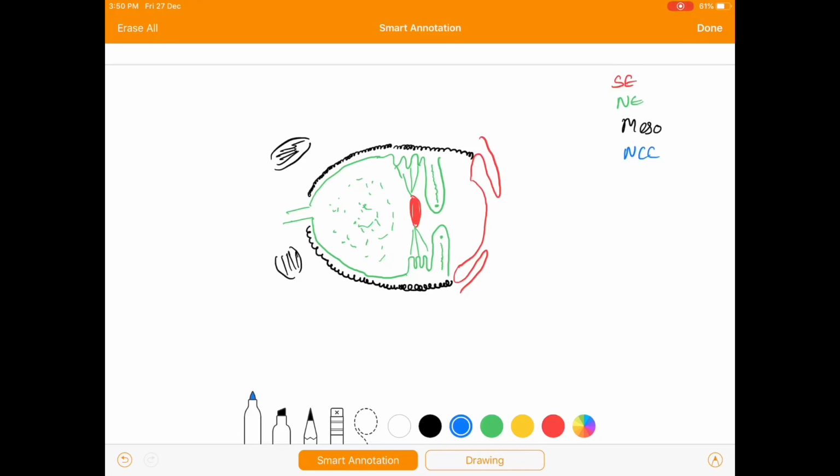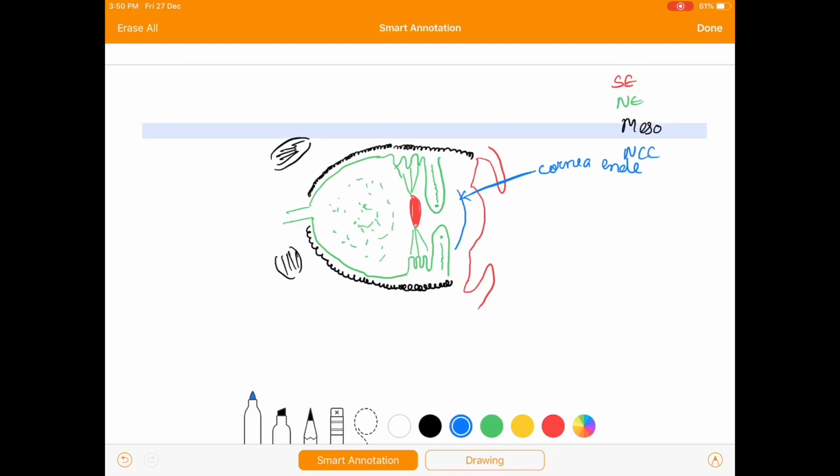So let us first complete the cornea. So this is the cornea. Then we have conjunctiva. And then we have lids. Okay. So first of all, neural crest cells give rise to the corneal endothelium. So this is corneal endothelium.